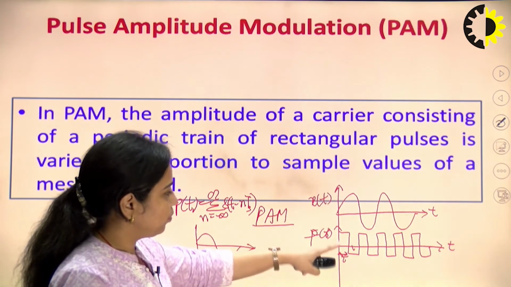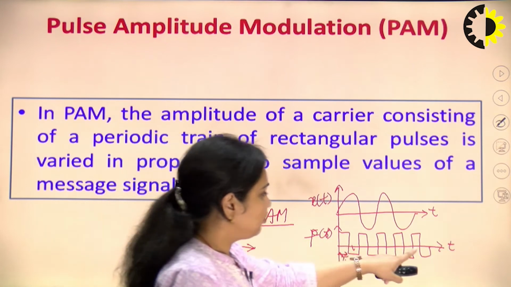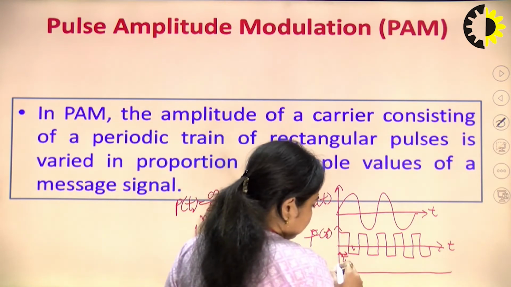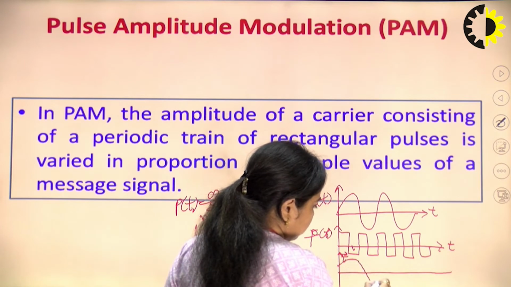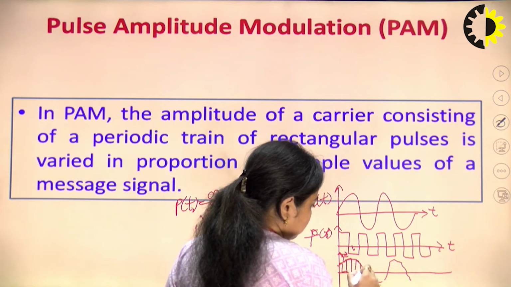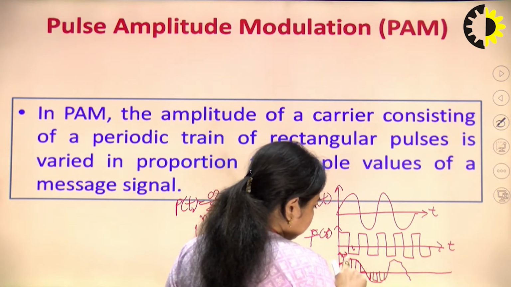So we have to superimpose this information onto this signal. We have to change the amplitude of this signal proportional to the amplitude of this one. So how will our waveform look? First we can make an envelope, then it will be somewhat like this.